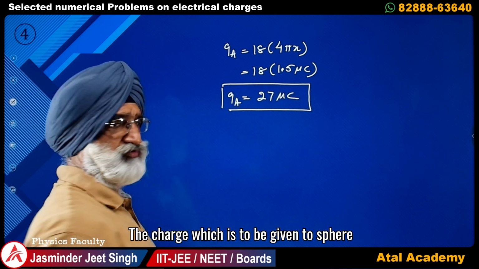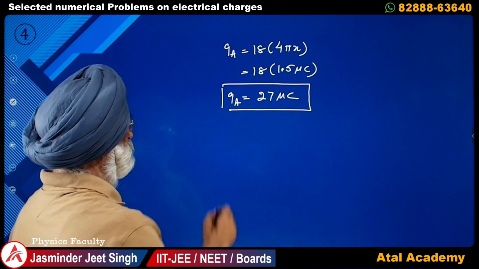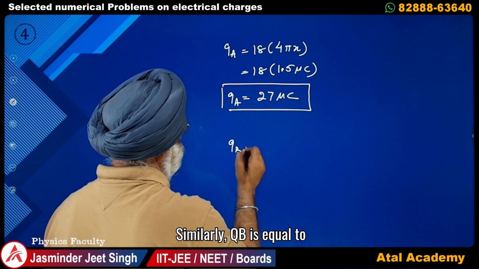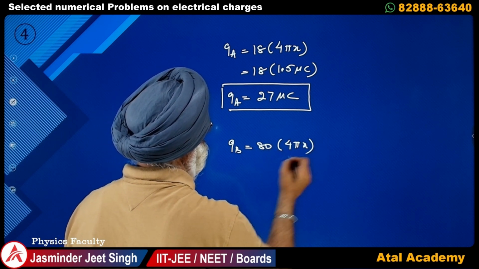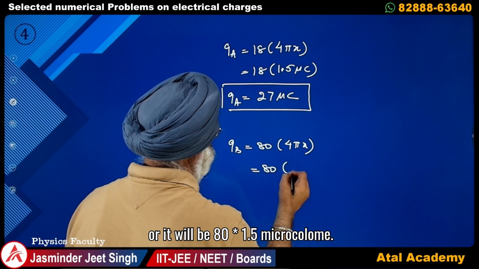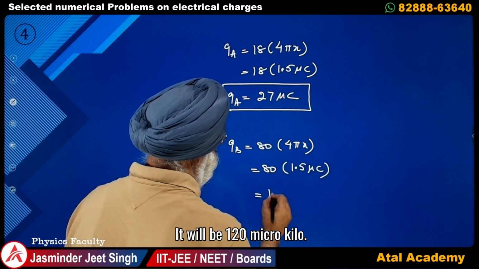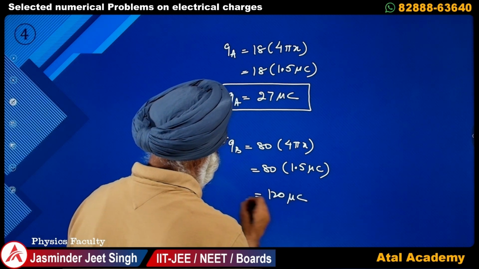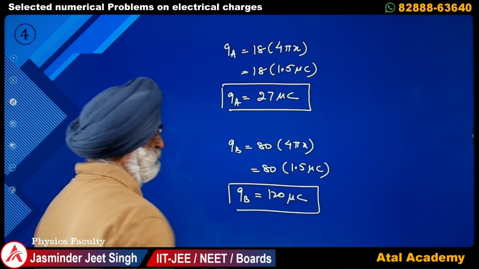The charge to be given to sphere A is 27 microcoulomb. Similarly, QB is equal to 80 into 4 pi x, or 80 into 1.5 microcoulomb, which is 120 microcoulomb. The charge on sphere B is 120 microcoulomb.